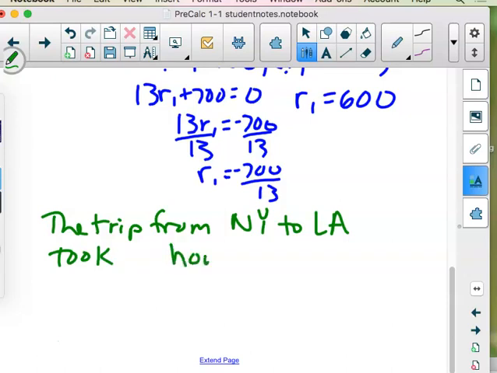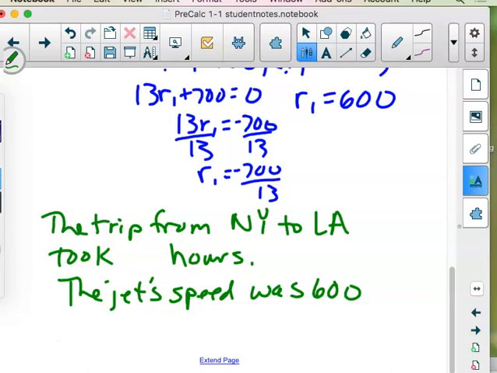We're going to put that down in just a second. Because what we know is the jet's speed was 600 miles per hour. No, it's not miles per hour. It is kilometers per hour.